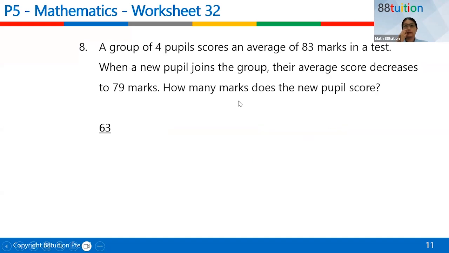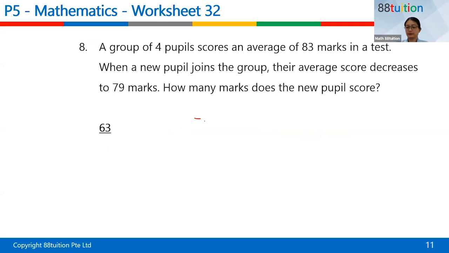Next. A group of 4 people score an average of this in a test. When the new person joins, the average decreases. So same thing. Okay, let's draw. But we know the people though. If we know the people, then you can just use the first way of doing.